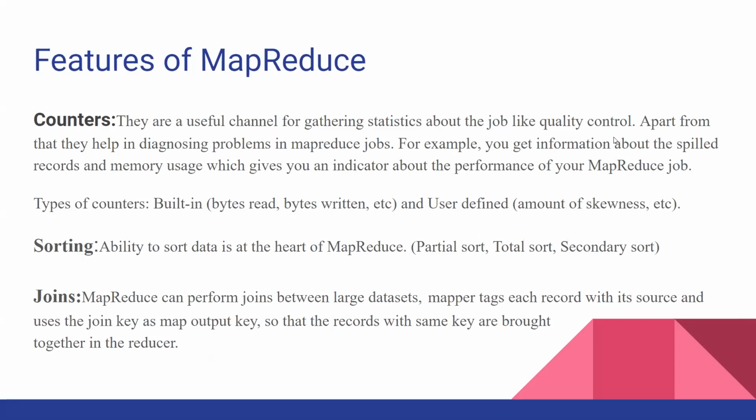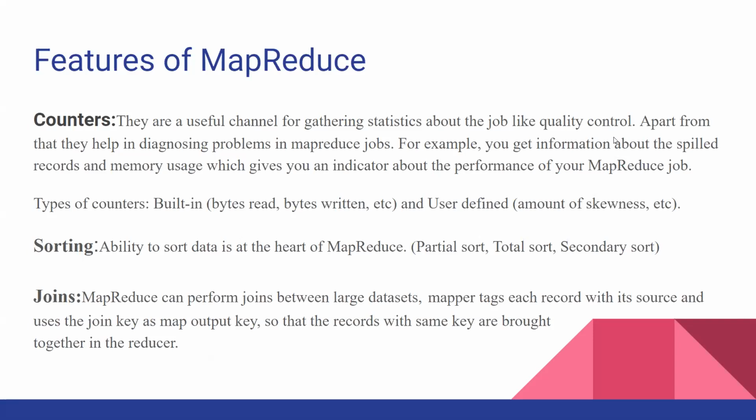Built-in counters can tell us how many bytes have been read or written. User-defined counters we can make to fulfill our needs. Next is sorting. MapReduce can sort data partially, completely, and have a secondary sort.